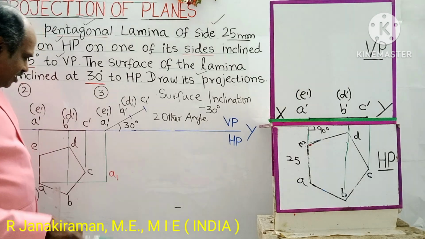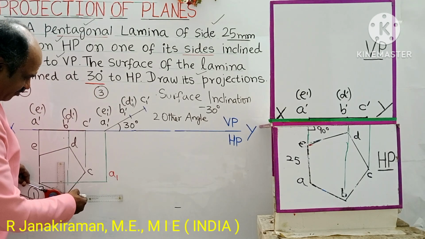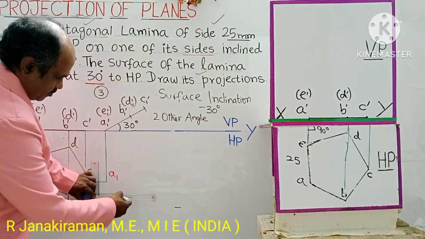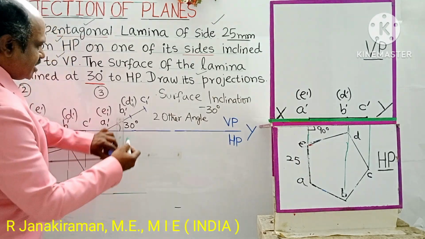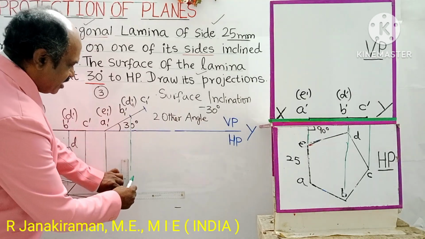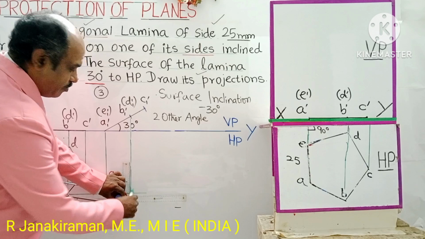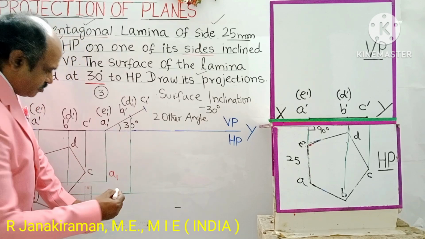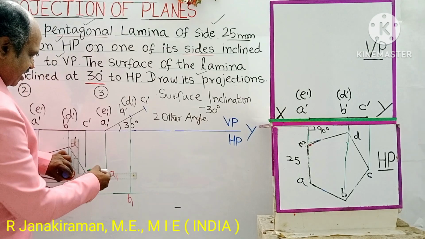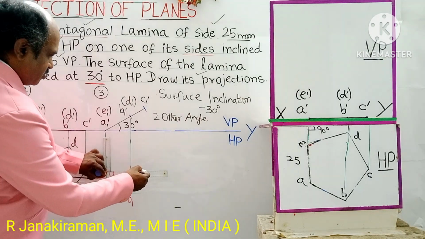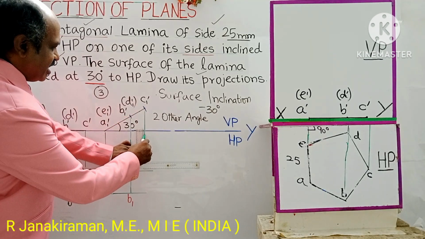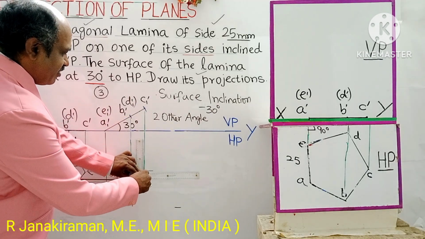Similarly, after A is B. From B, draw a horizontal projector using a 2H pencil. This is B. Draw the vertical projector. Both intersect at a point. It shall be marked as B suffix 1 dash. Similarly, for C, draw a horizontal projector and a vertical projector. Where they intersect shall be marked as C suffix 1 dash.